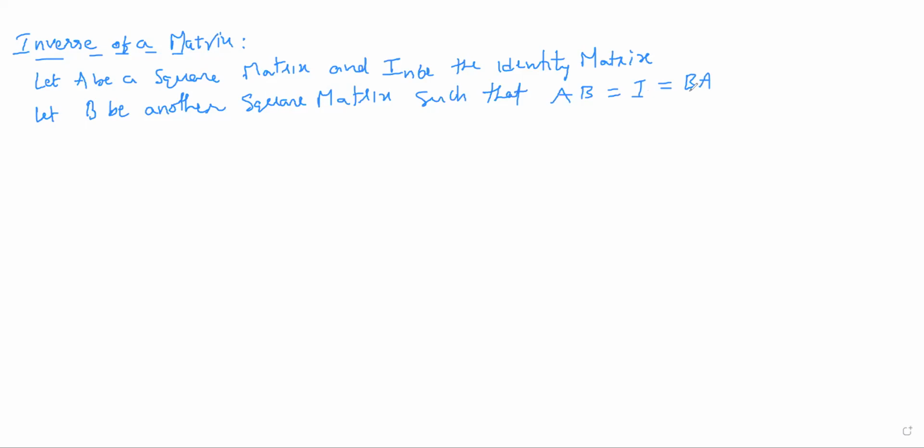If you multiply the matrix capital B with the matrix capital A, then also you get the identity matrix.